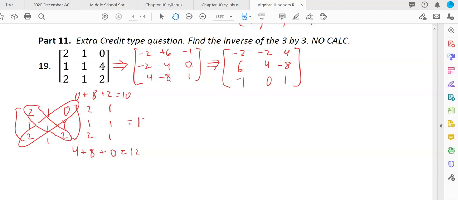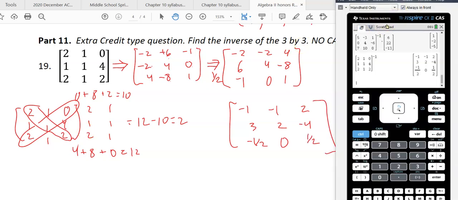So it should be 12 minus 10, which is 2. Okay, so that means I multiply everything by 1/2 here. So my final answer should be -1, -1, 2, 3, 4, -1/2, 0, and 1/2.